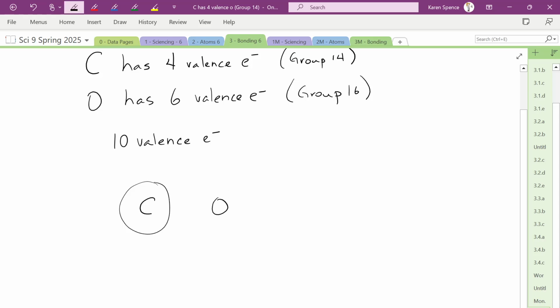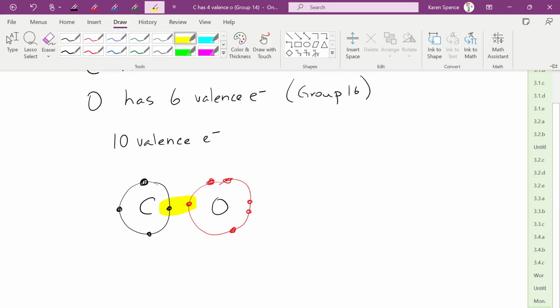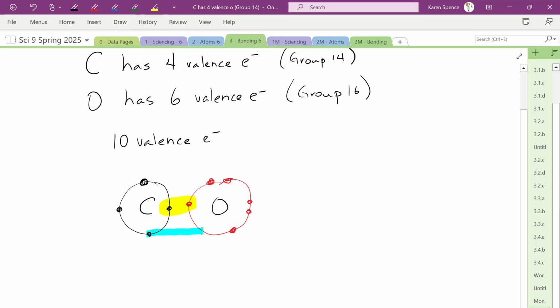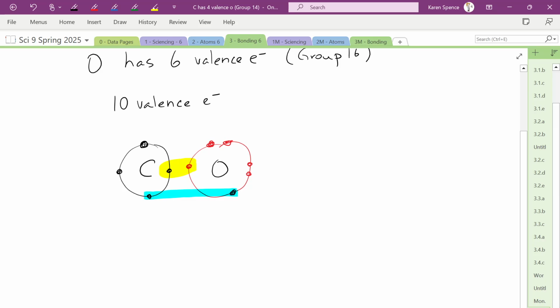Oxygen. There's our circle. 1, 2, 3, 4, 5, 6. 1, 2, 3, 4. We're going to start by having carbon and oxygen share that pair that I've highlighted in yellow. And we're going to start by having it share this pair that I've highlighted in blue. This is not going to fix everything, but it's a start.